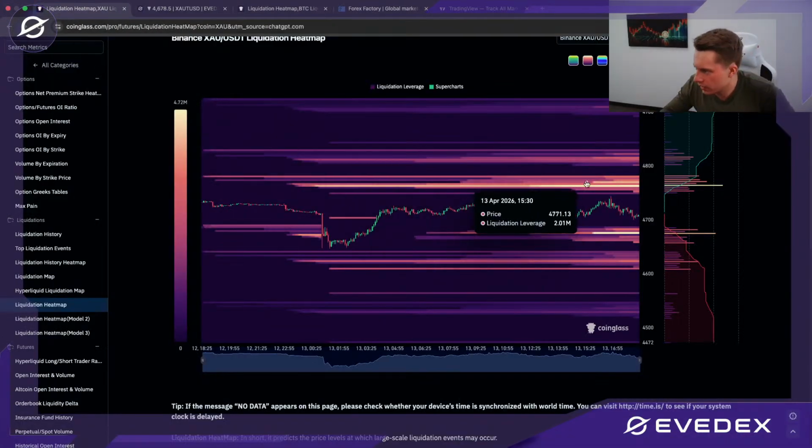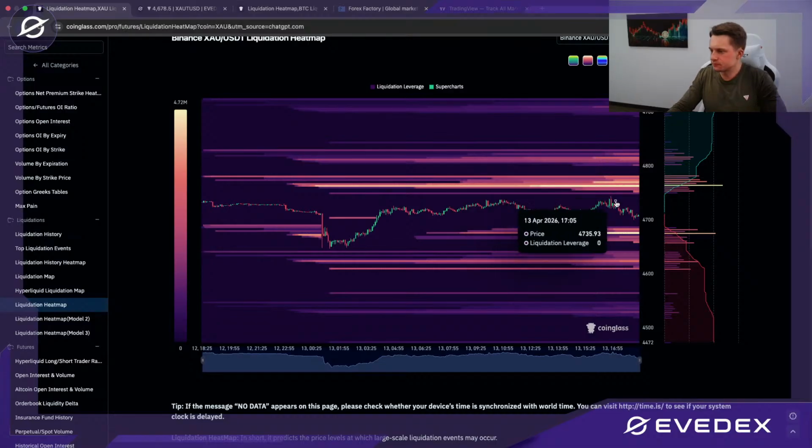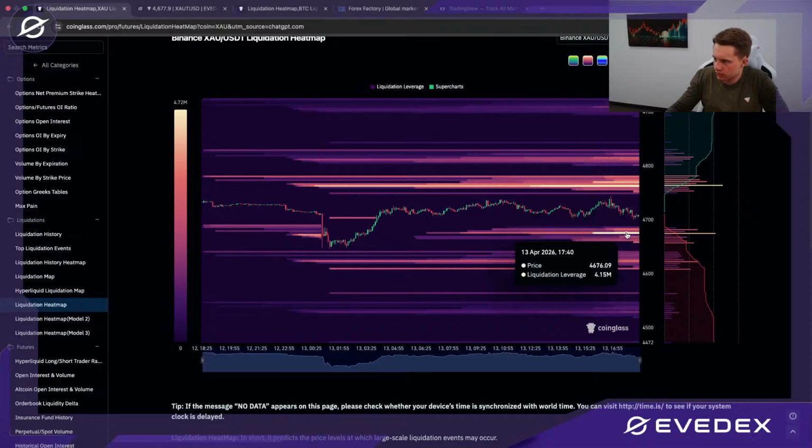So we've got quite a bit more liquidity on the upside. We've got 4.73 million, which is at a price of 4,764.9. Whereas on the downside, we have got about 4.15 million sat at 4,676.9.